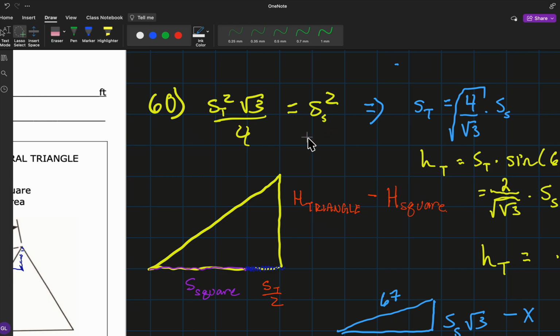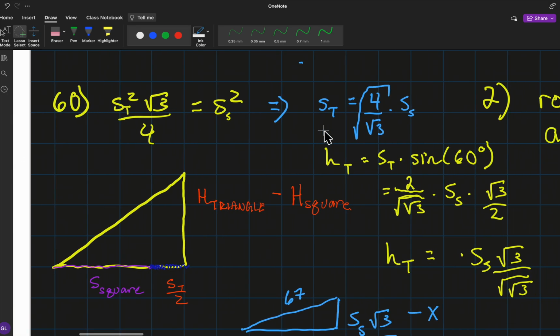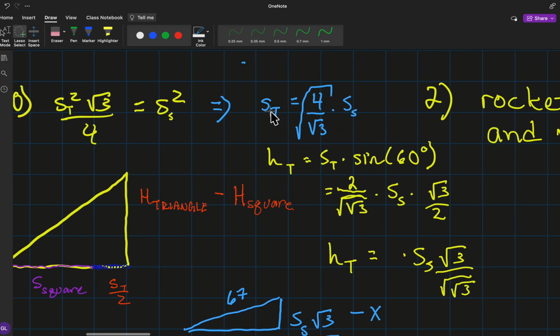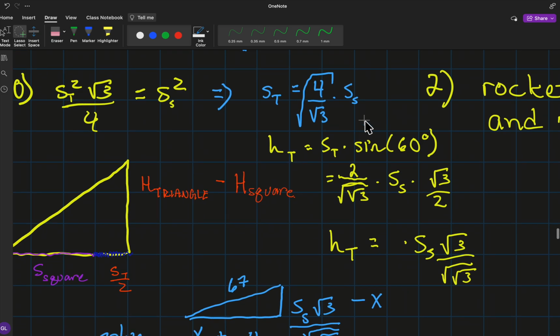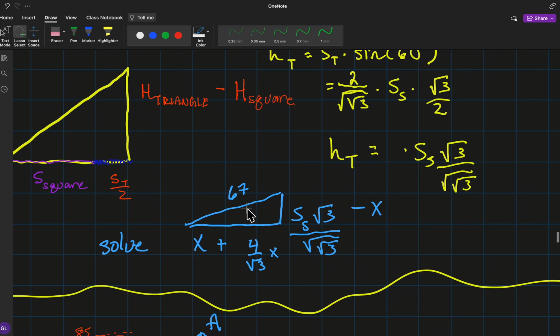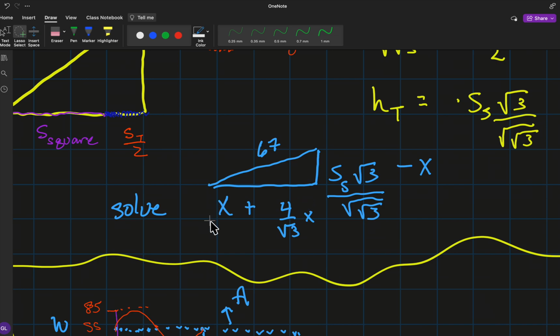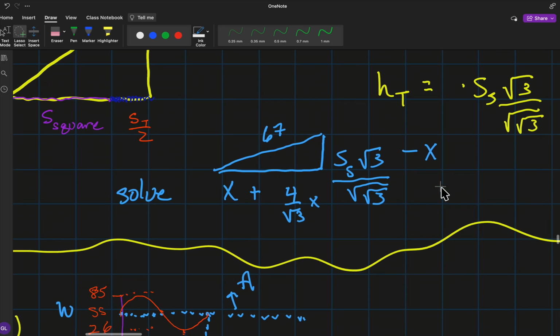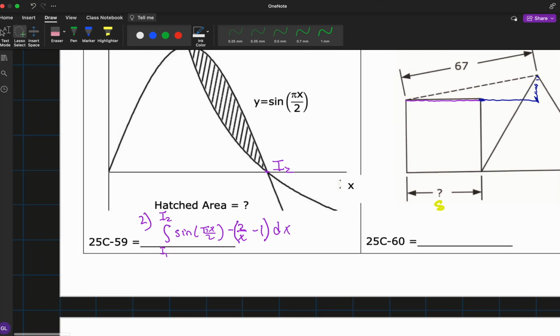And that's going to be equal to the side of the square squared, because their areas, we're told, are equal. So we can write a relationship between these to solve for the side of the triangle in terms of the side of the square. And the reason we want to do that is so that when we throw that all into our Pythagorean theorem, we can just solve for x, or the side of the square. All right. Thank you. That's number 60.